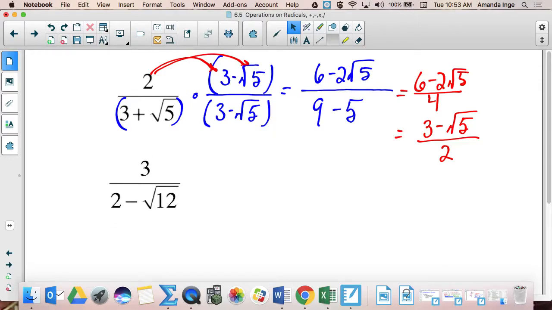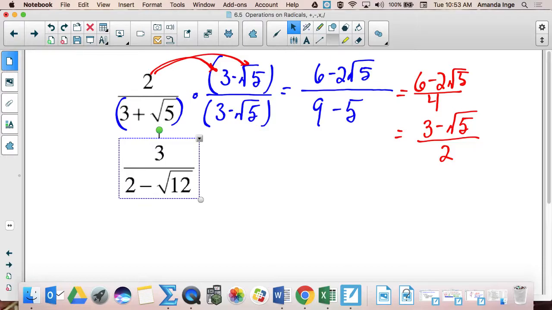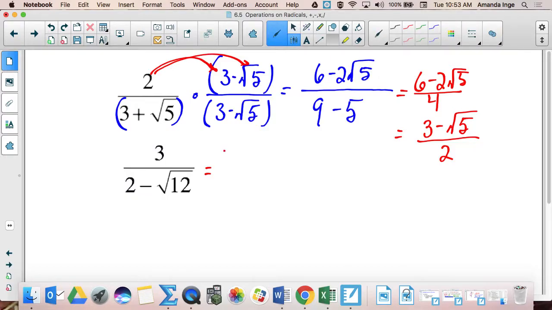What do I need to do first on this problem? Get rid of the 2 minus. Well, shouldn't I simplify the square root of 12 first? Well, this is 2 minus 2 square roots of 3.